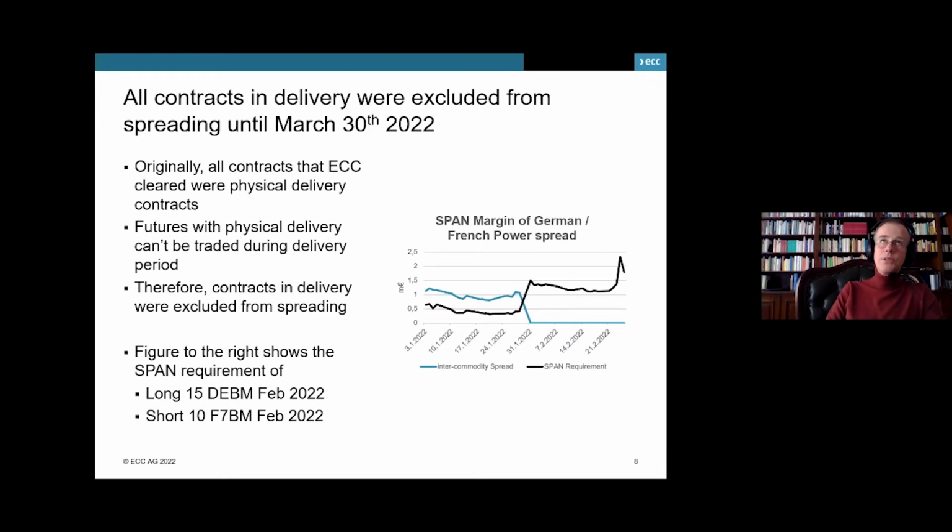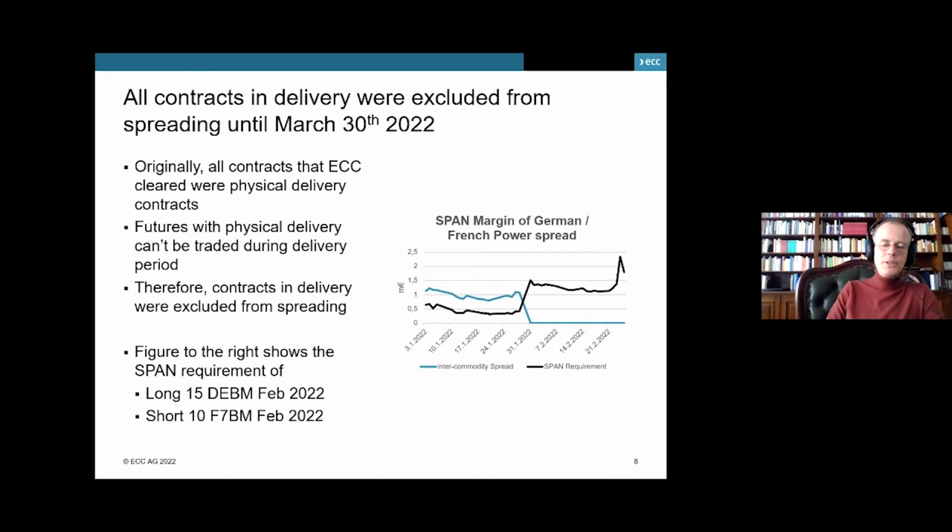We use the scanning ranges of the front month, added even the expiry month factor, and that resulted in a rather high margin requirement for contracts in delivery. It worked that for about 10 years.